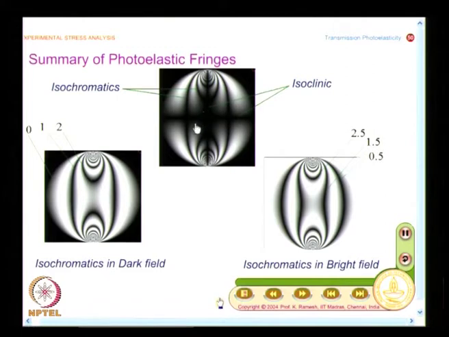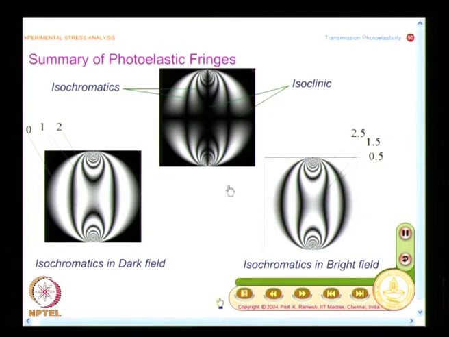Isoclinics are seen in a plane polariscope, isoclinics are absent in a circular polariscope, and I label the fringes as 0, 1, 2, 3, 4 like this, and the same thing I will also do here, 0, 1, 2, 3, 4, because the fringe gradient is increasing in this fashion.